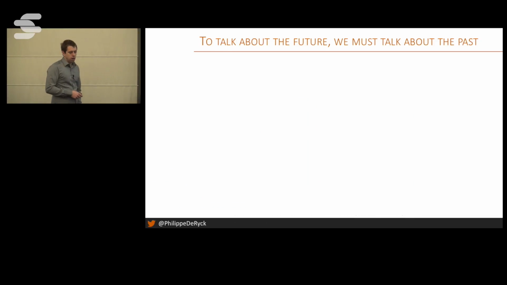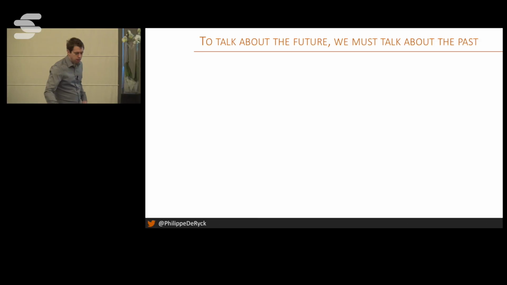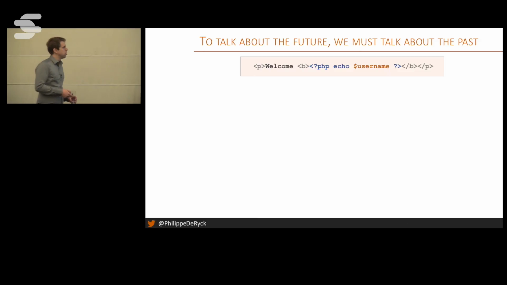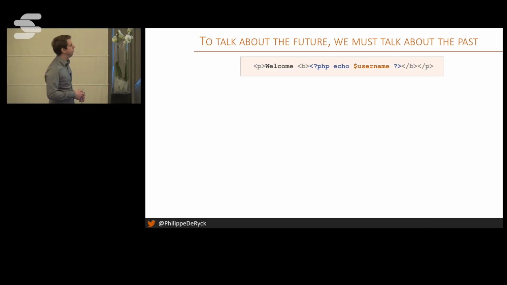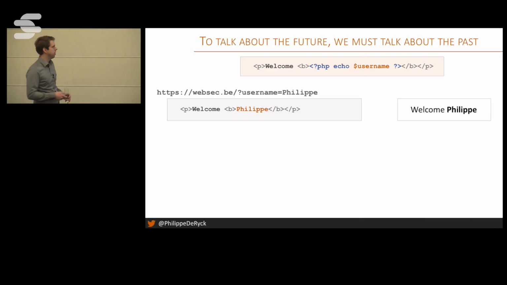To talk about cross-site scripting in Angular, we should actually take a step back and go back to these old applications I mentioned before, these PHP applications. If you have this very small snippet of PHP code, you echo a username. If you know a bit about cross-site scripting, you see that this is probably not going to be a very good idea.